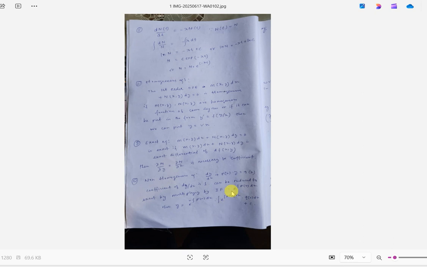And if we multiply this, then we will get the solution of y as e to the power minus integration of P(x) dx, then integration of e to the power integration of P(x) dx into Q(x) dx plus constant.